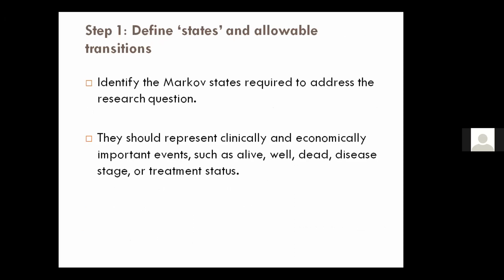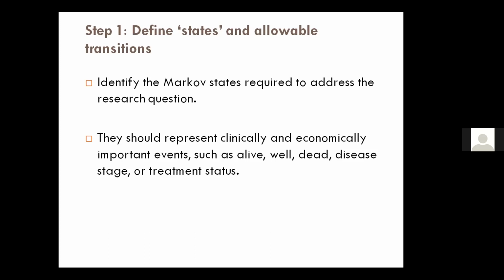First thing in any Markov analysis is that you have to define the states and how one state is allowed to have transition to another state. So you have to identify the Markov states. Now, how do you identify? It can be clinical states.